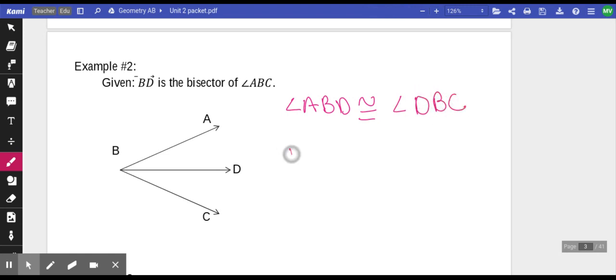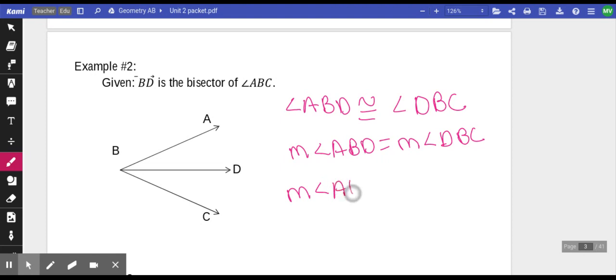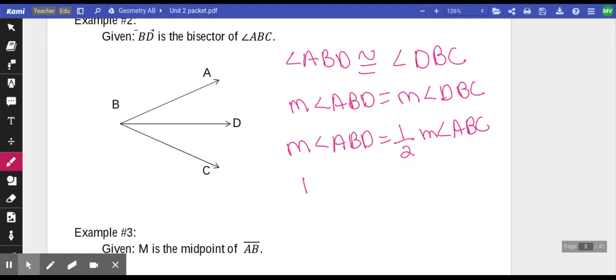That also means that the measure of angle ABD is equal to the measure of angle DBC. And lastly, that also means that the measure of angle ABD is equal to half the measure of angle ABC. And that is all from the definition of angle bisector.